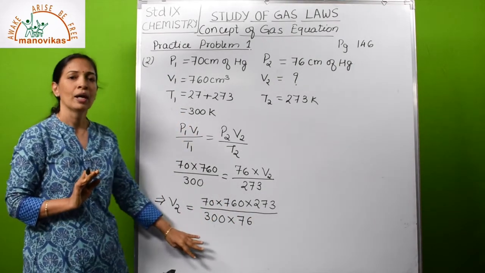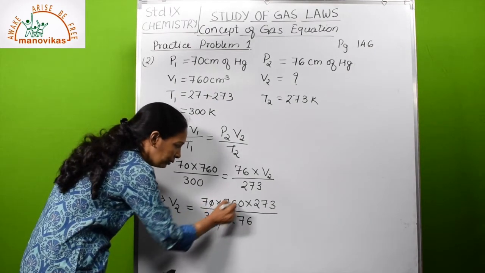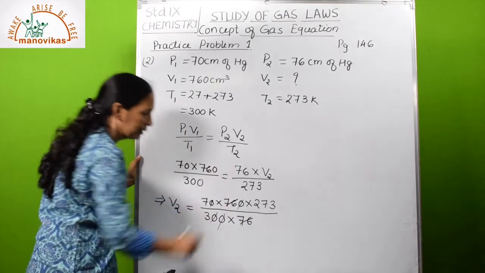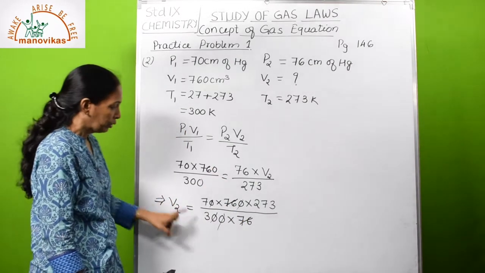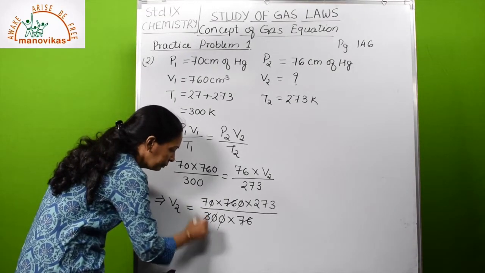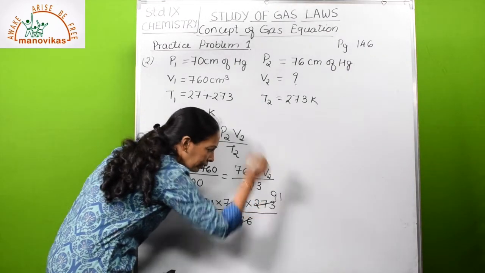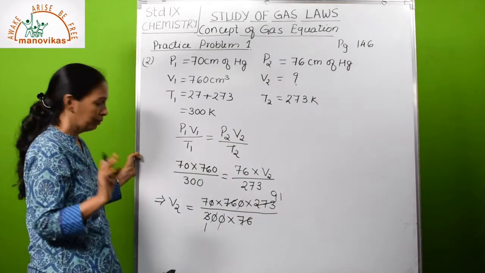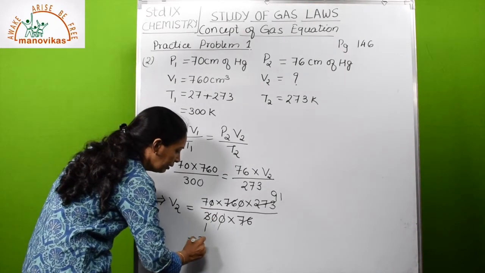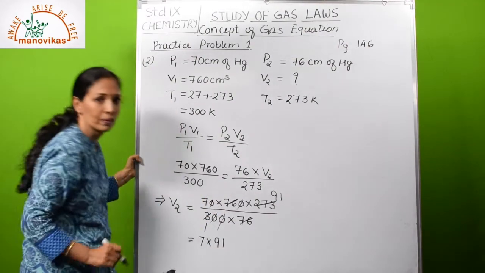Then you have to simplify it. This 0 cancels, this 0 gets cancelled. 76 and 76 will get cancelled. Now you have to see 3 ones and 3 nines and ones, 91. So what numbers are left over? 7 into 91.